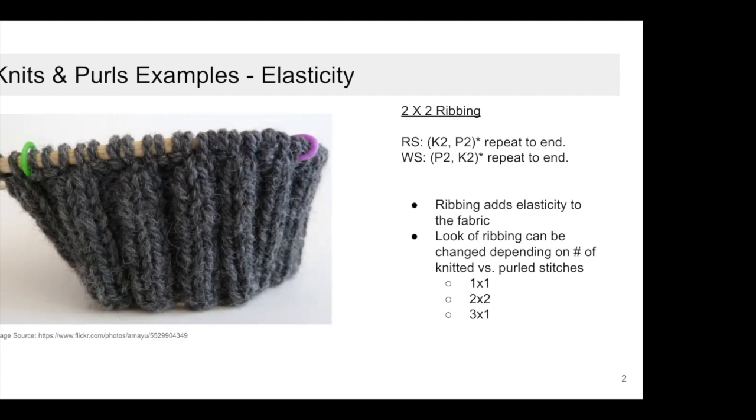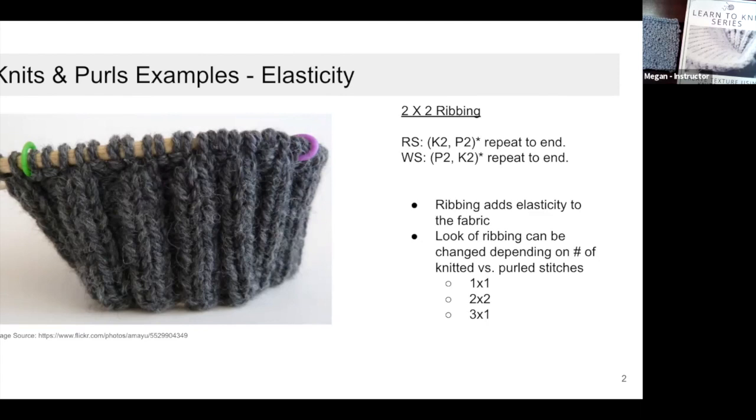This is 2 by 2, so 2 knits and then 2 purls on the right side. You could all of a sudden get something really stretchy, whereas before it was kind of flat, not too stretchy, just sort of like a dishcloth, kind of firm, so it's not going to pull too much. But with this, all of a sudden, you can put your head through something that it doesn't look like you could.